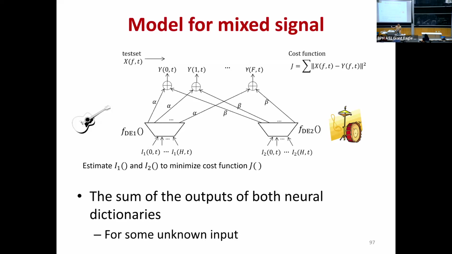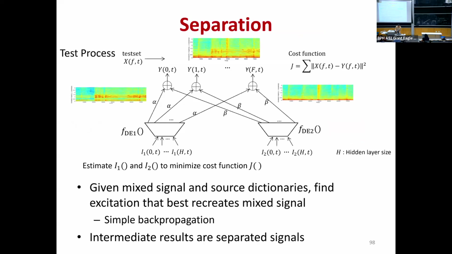If these two decoders have been separately trained already from guitar and drum data respectively, then when I'm given a mixed signal, I can use backpropagation to find out what inputs must go into these two decoders such that their outputs sum up to the mixed signal that I have. That's what I do.